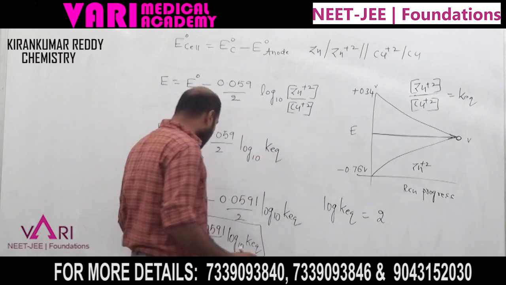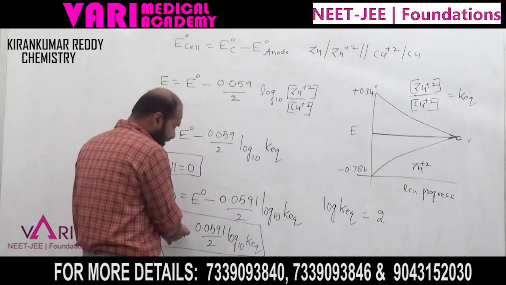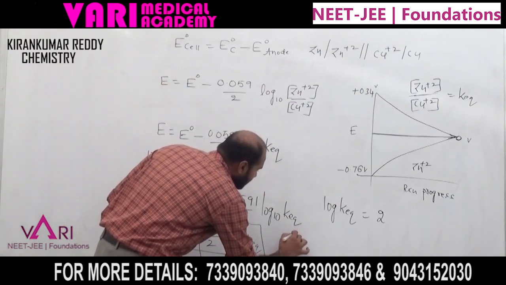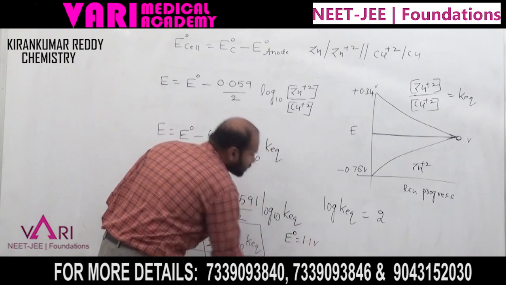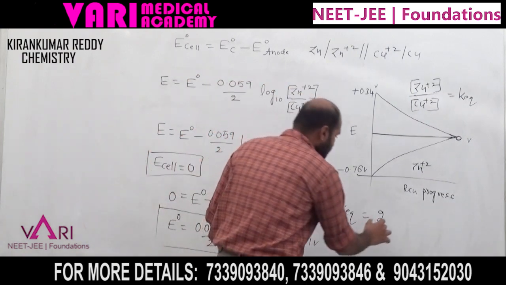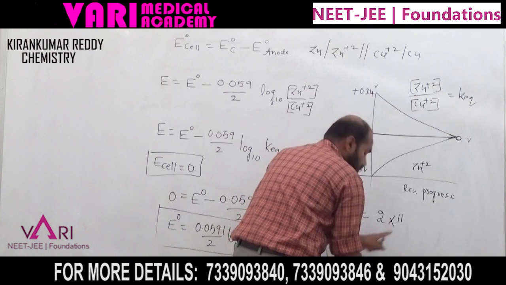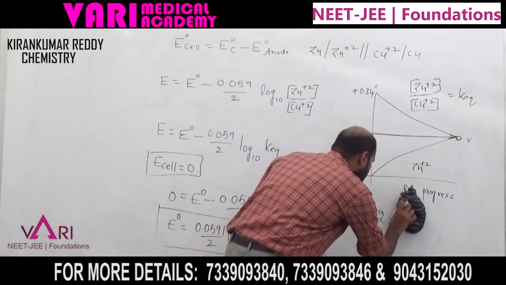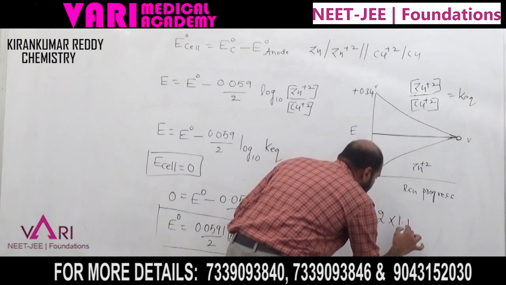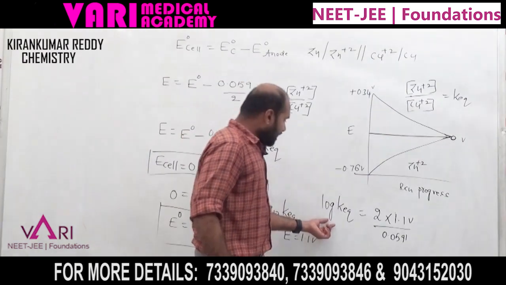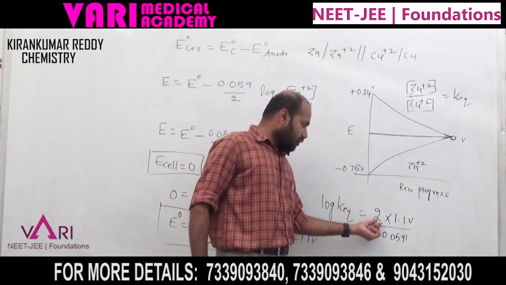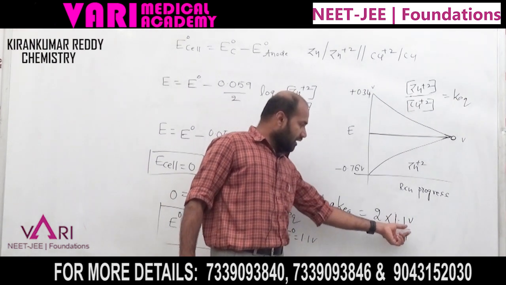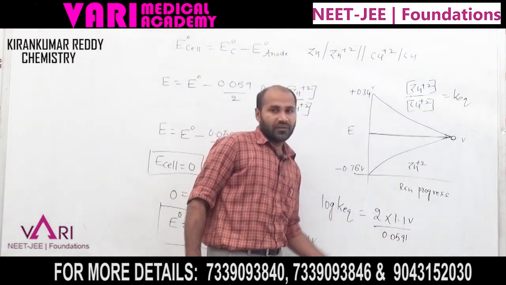What is the E naught cell for the galvanic cell? E naught cell is equal to 1.1 volts. So log K equilibrium is equal to 2 into 1.1 volts by 0.0591.